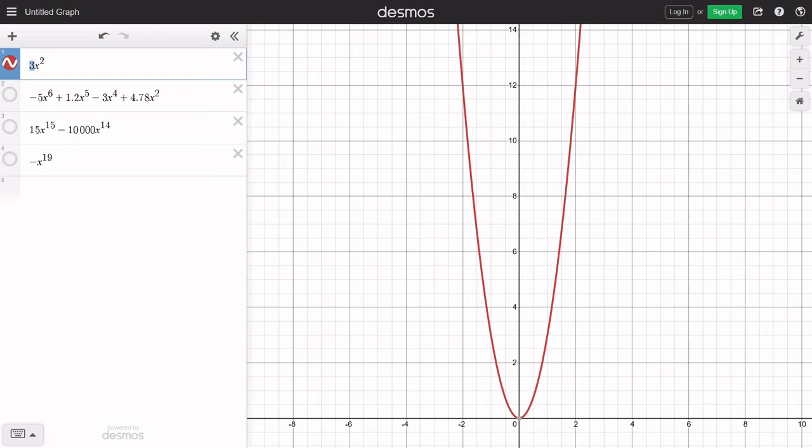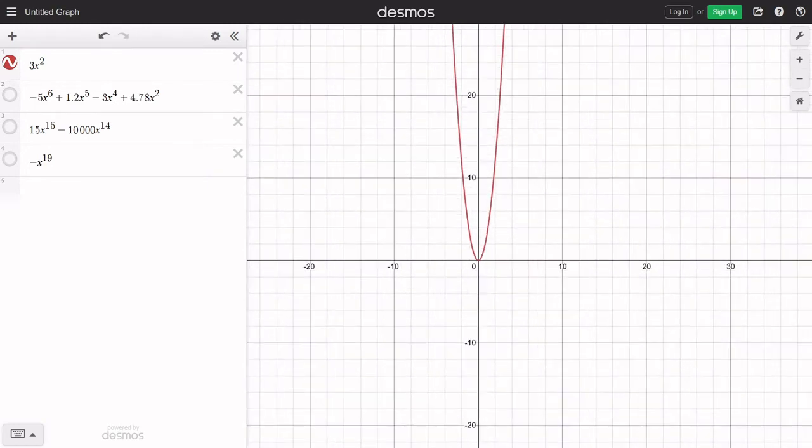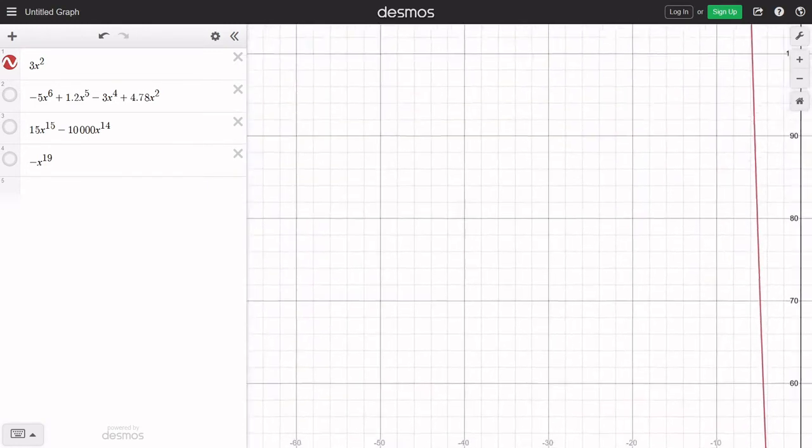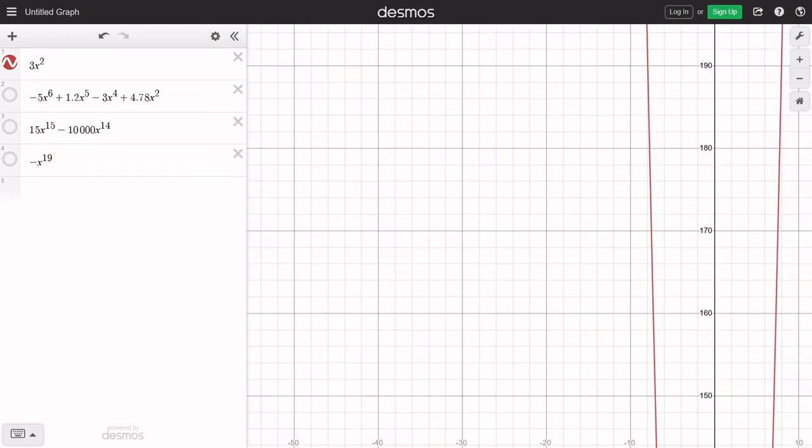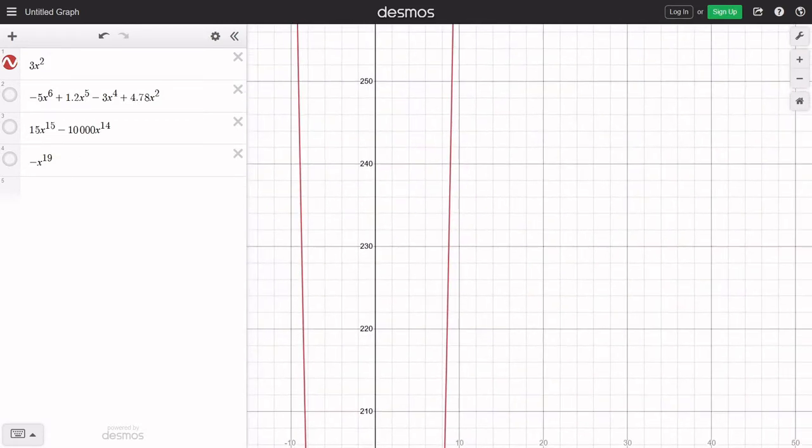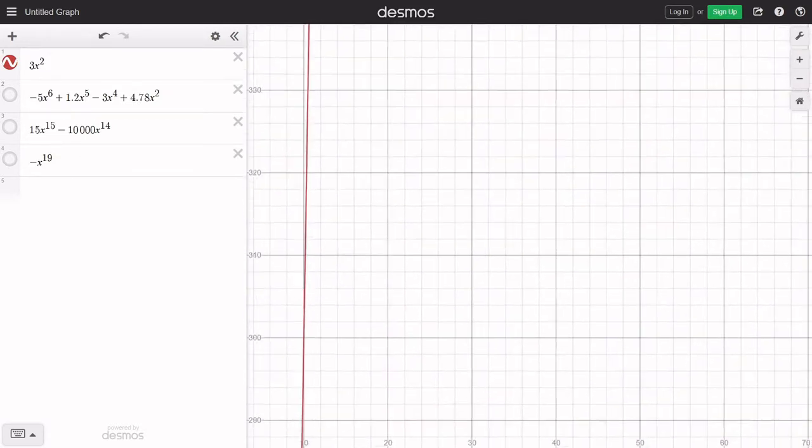Even functions, instead of going up and up, go down and down, and odd ones going down and up flip to going up and down. Because it's positive, it's going to be the normal behavior, namely up and up. As you go to the left, it just goes up and up, and as you go to the right, it goes up and up.